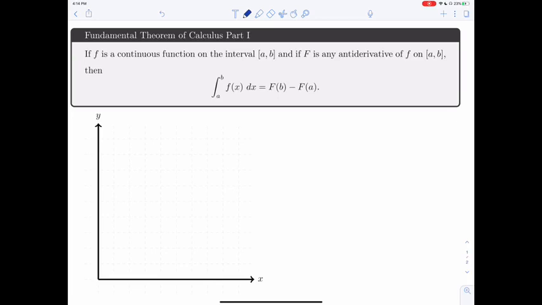So let's consider a graph of our function big F. Let's suppose that we just have 2 points, say B and say A. And so here we have F of A, and here we have F of B. Okay, so let's look at F of B minus F of A, and we want to see if we can connect this to the integral.